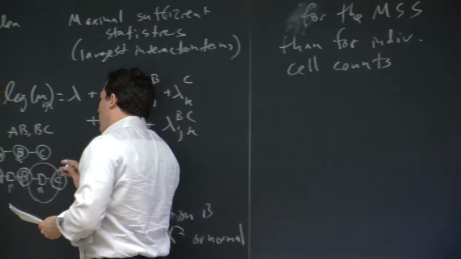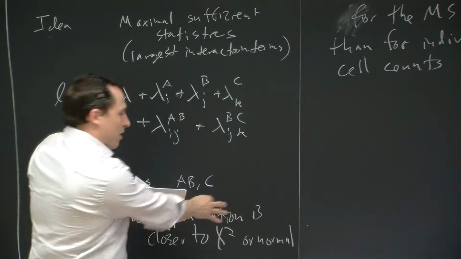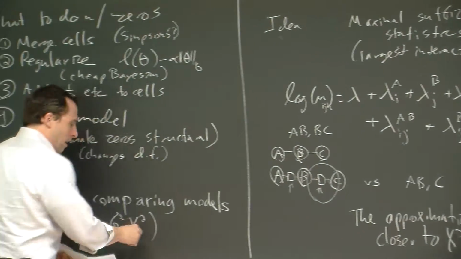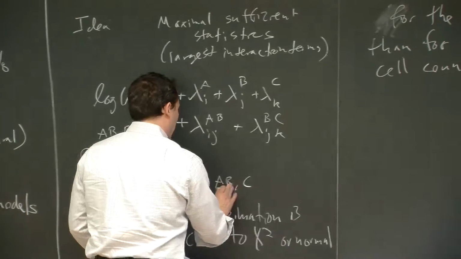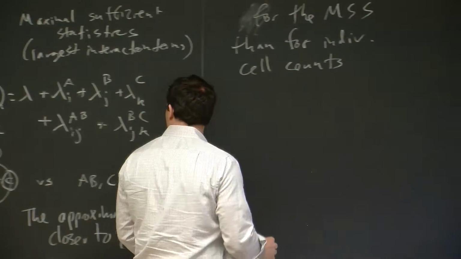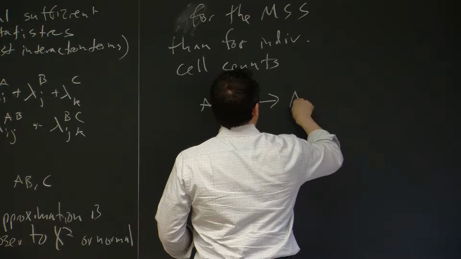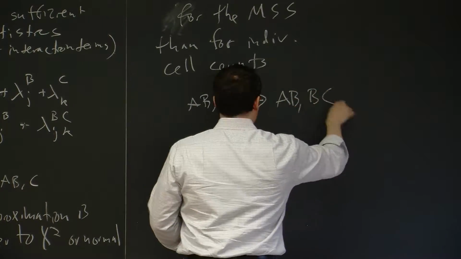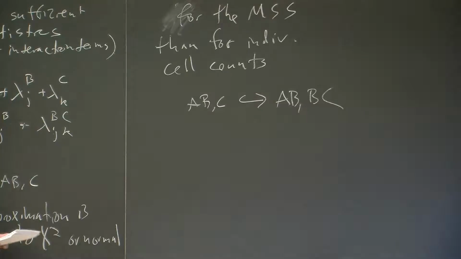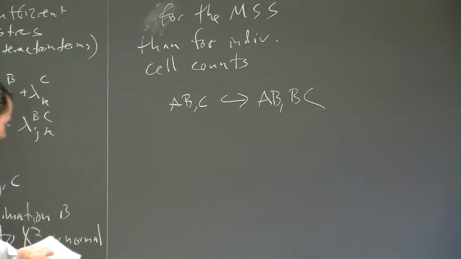So as long as we only focus on those things where there are no zeros, which is often the case when we're comparing two models, like this model inside this model, inside of AB, BC, then we can rely on that same kind of approximation working. Okay.